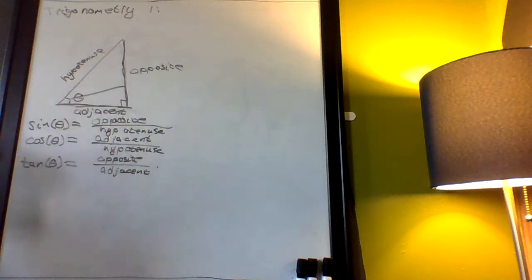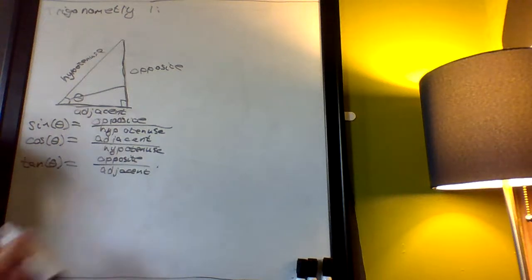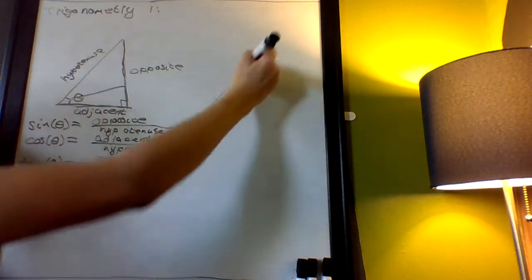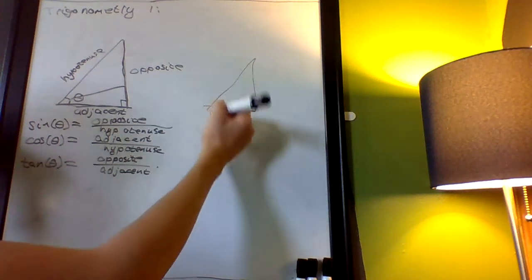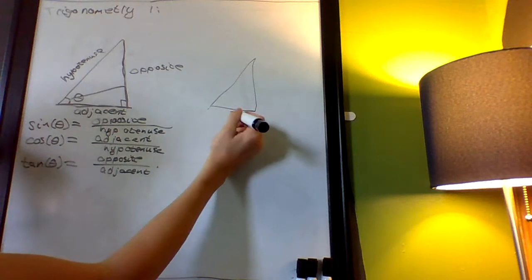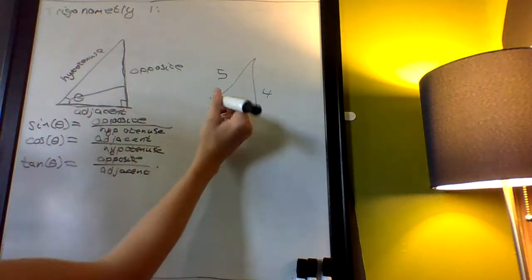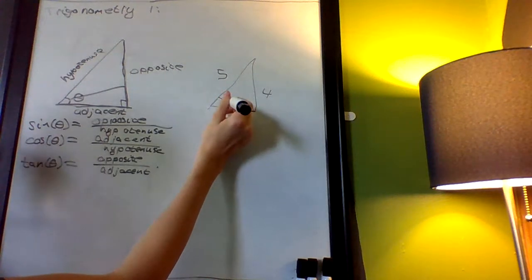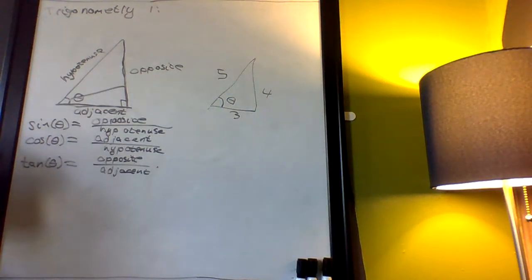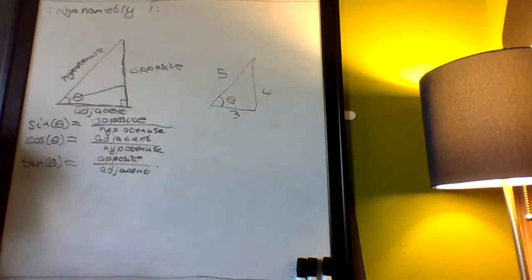Okay, so now, say we have a 3 by 4 by 5 right angle triangle. Right here is our angle theta, and we want to figure that out. Well, what are the ratios?